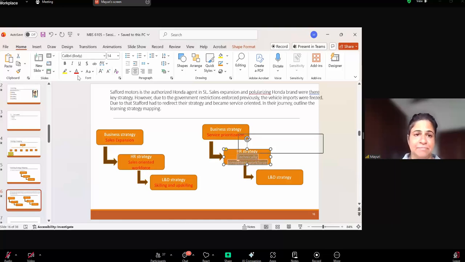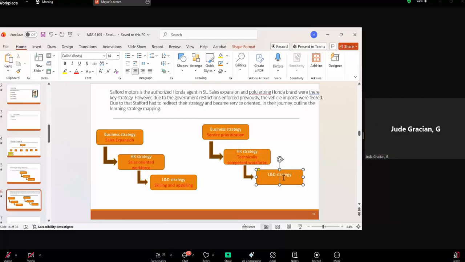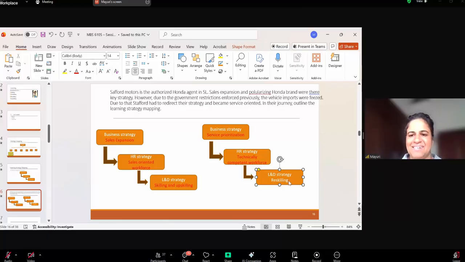L&D strategy? And the scaling. So then, reskilling. Reskilling, very good. Because they have to unlearn their sales orientation and relearn technical skills.